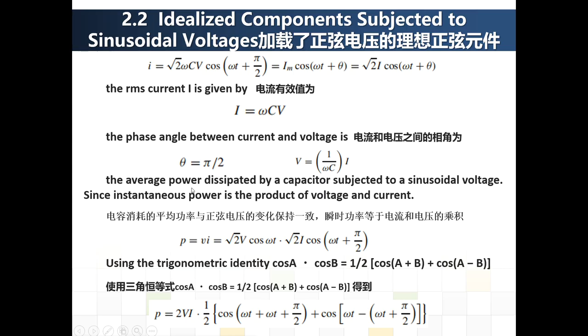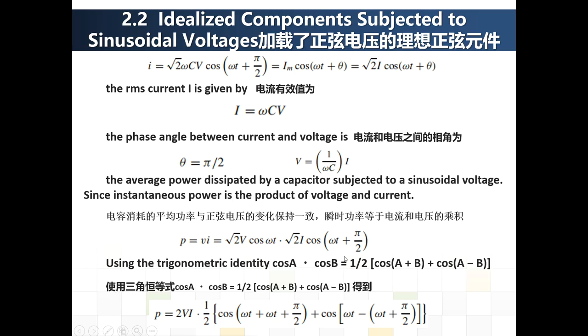Now, the average power distributed by a capacitor subject to a sinusoidal voltage: the instantaneous power is the product of the voltage and the current. So it is equal to the square root of 2 multiplied by V cosine omega t, multiplied by the square root of 2 I cosine omega t plus 90 degrees.